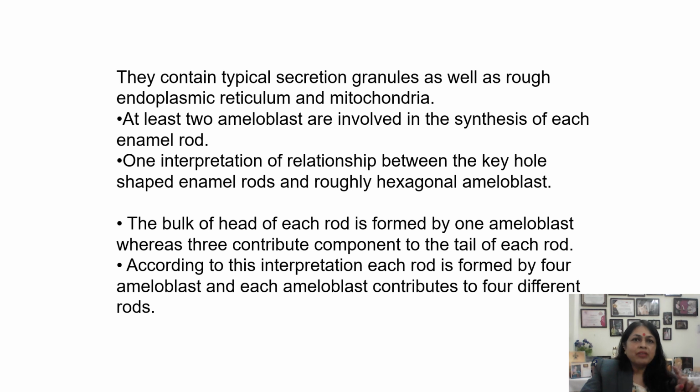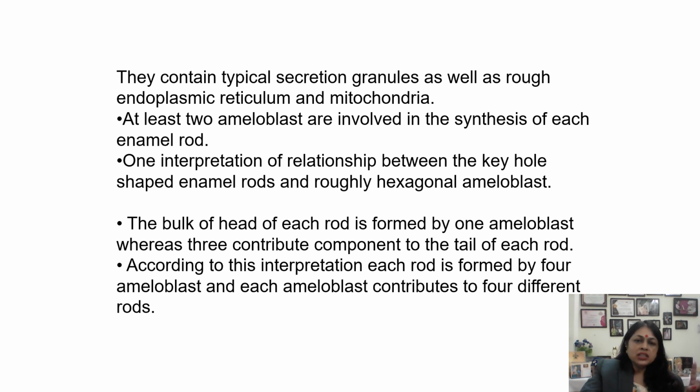It has a head and a tail, and the ameloblast is roughly hexagonal. So the bulk of the head of the rod is formed by one ameloblast, whereas three others contribute to the tail of the rod. By this theory, four ameloblasts are involved in the synthesis of one enamel rod.